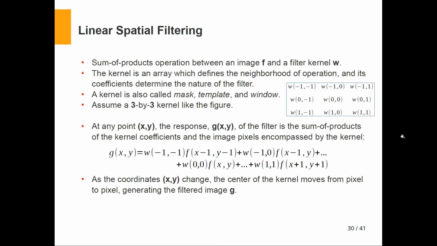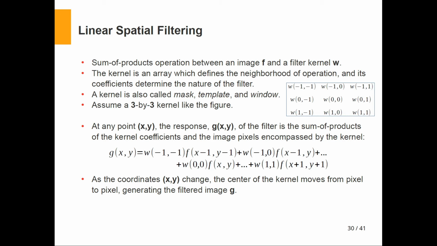Generally speaking, we can have two types of operations: linear operations or nonlinear operations. For linear operation, one example is averaging, and for nonlinear operation, one example is median filtering, which I will talk about in later lectures.